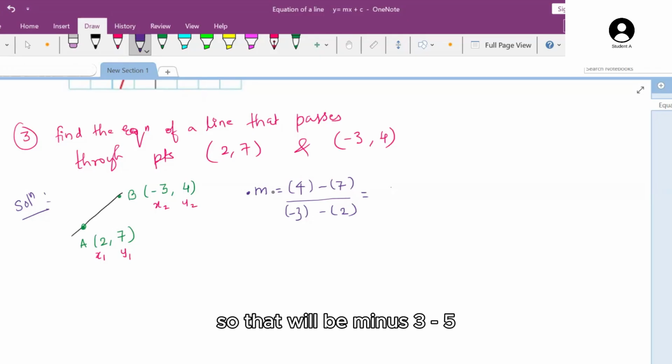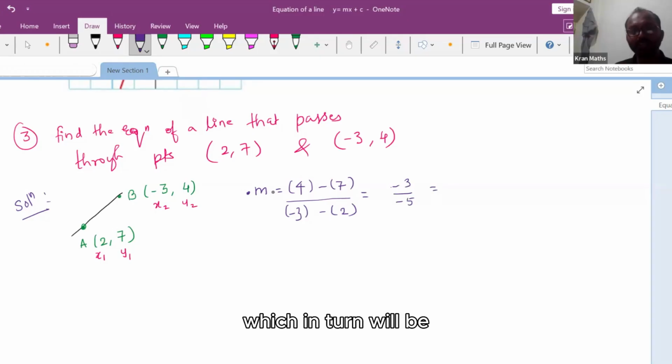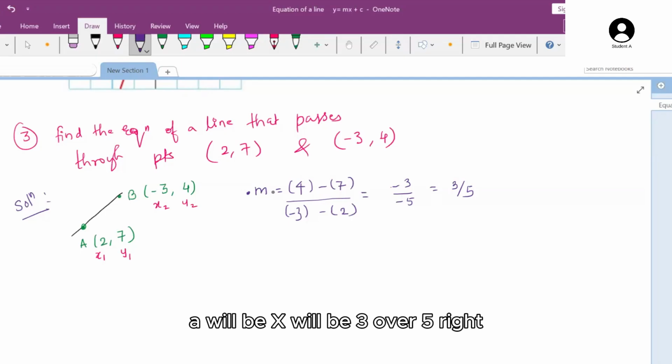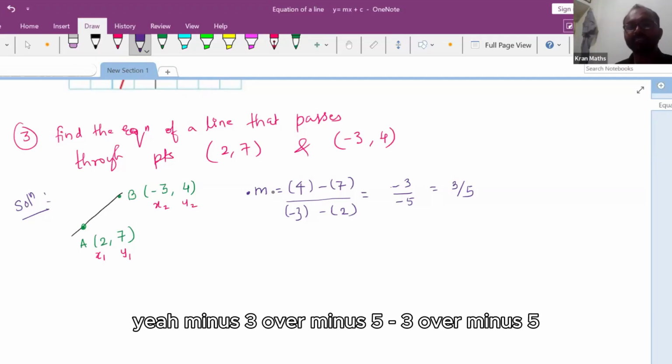So that will be minus 3 over minus 3 minus 5, which in turn will be minus 3 over minus 5.